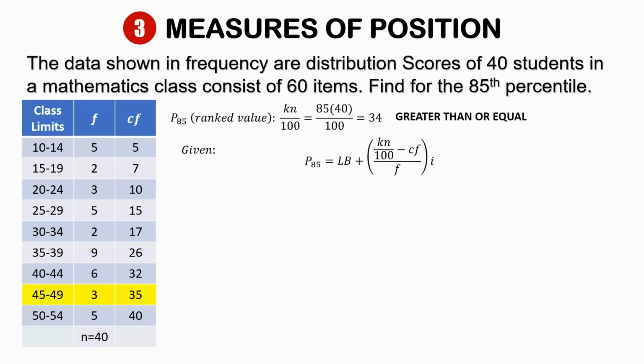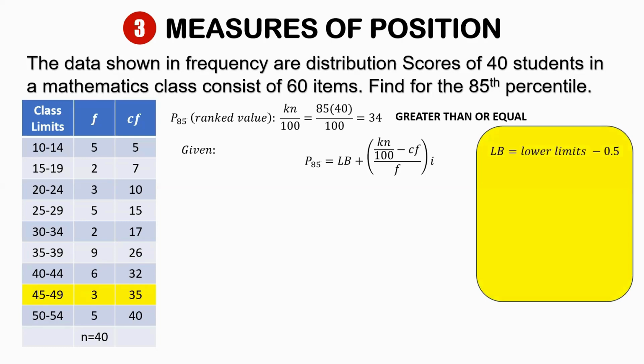Using our formula, let us find the lower boundary. As we did earlier, that is equal to the lower limit minus 0.5. What will be the lower limit of our rank class? That is 45. So 45 minus 0.5 is equal to 44.5. That will be our lower boundary here. Now let's take a look at the cumulative frequency.